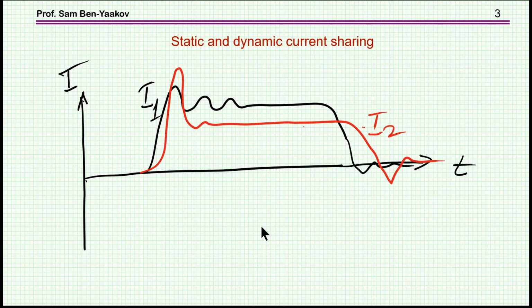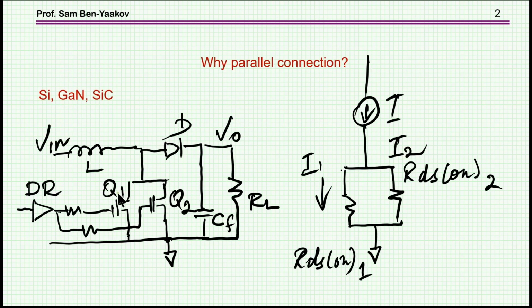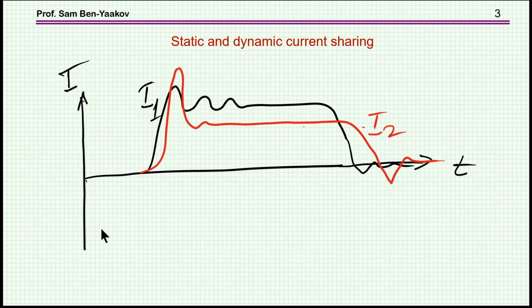Now, we have to distinguish between static and dynamic current sharing. While the transistors are being switched on and off, there are some transients involved which depend on the leakage inductances, capacitances, the type of drive, the turn on time, turn off time, and many other parameters. So consequently, we may have a difference in the current through the transistors while switching.